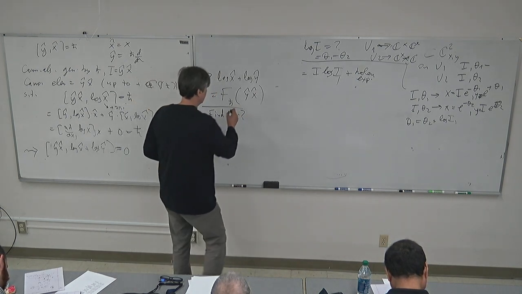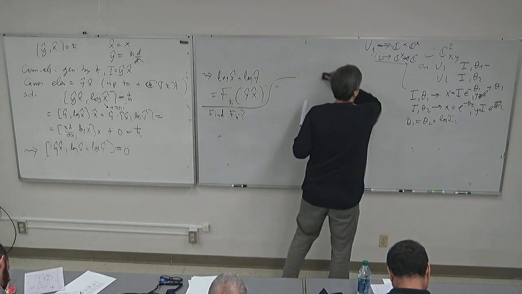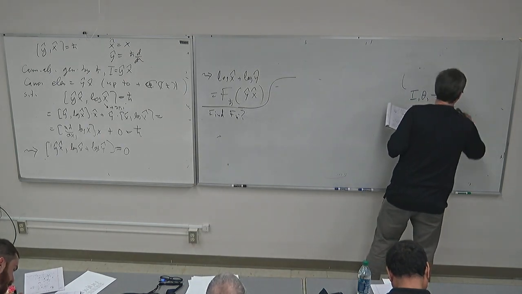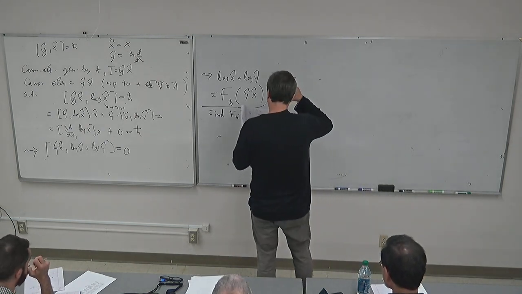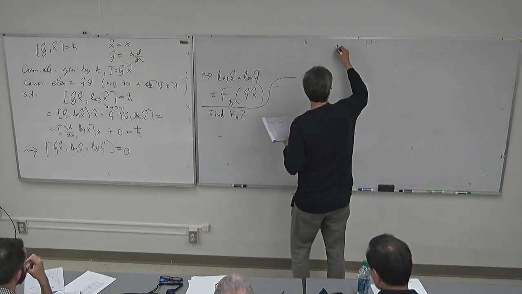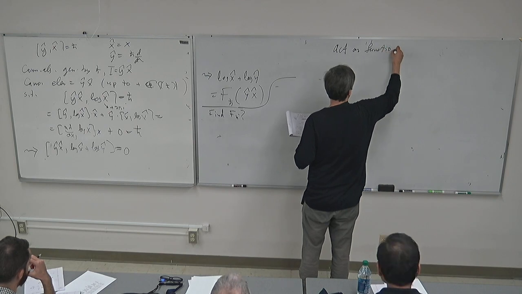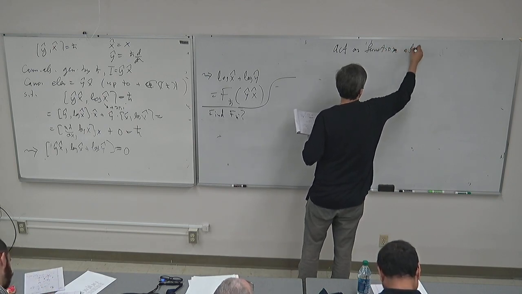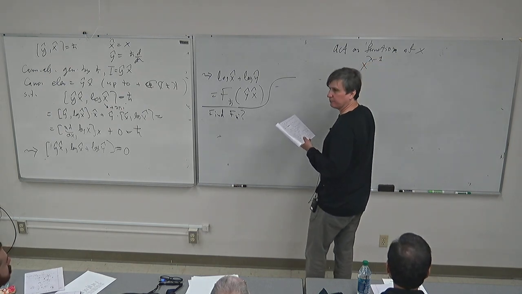How do we find it? Now it will be a completely formal calculation, which goes like this. We have x acting on functions of x. Take the function x to the power lambda minus 1, where lambda is some number.